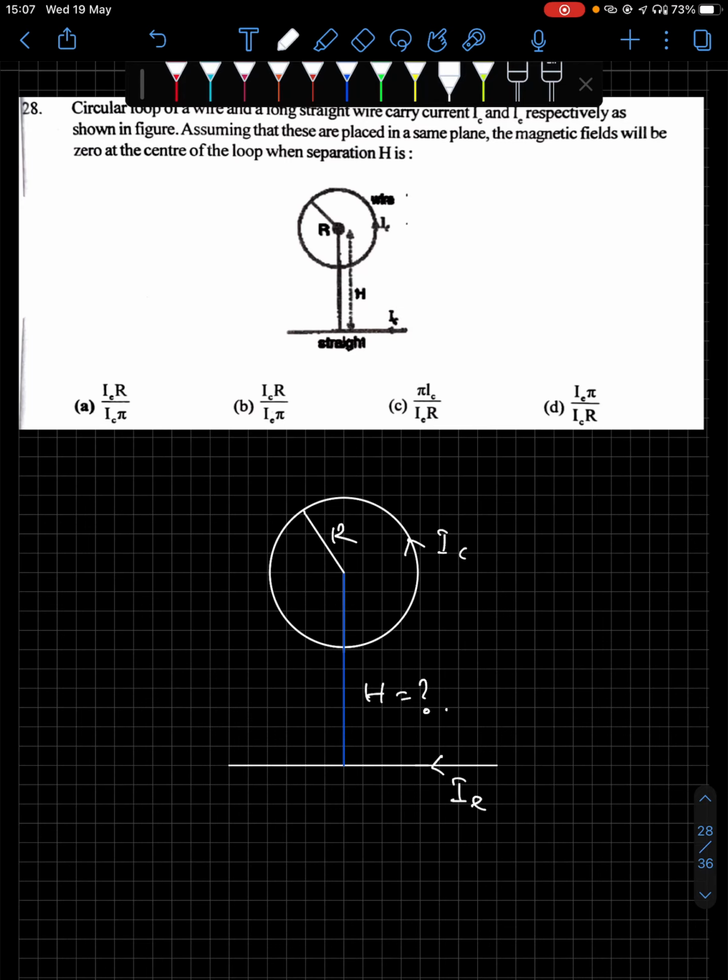I made a mistake while explaining the direction of the current due to IC. Okay, we'll do it again.